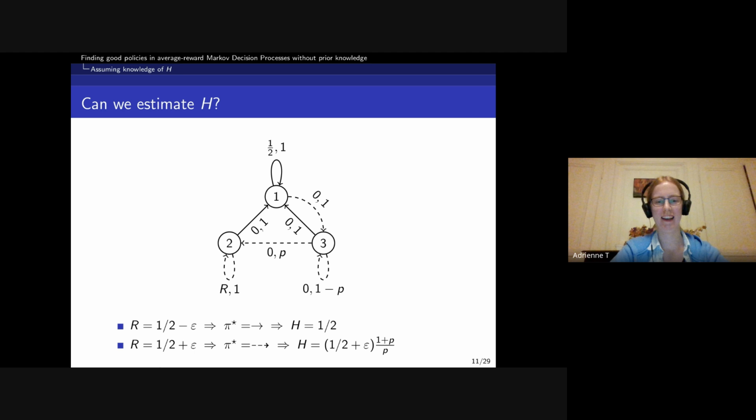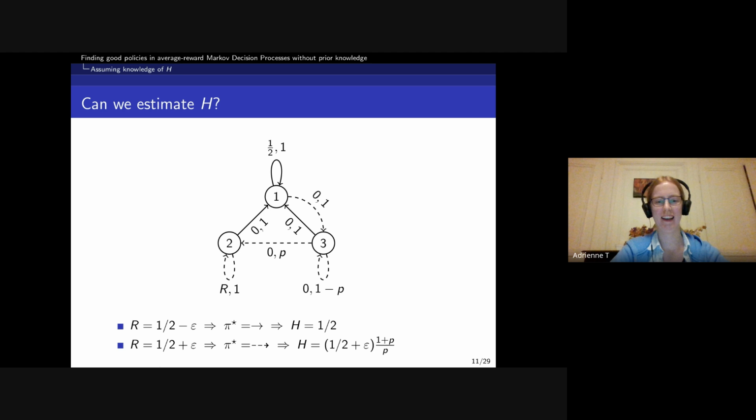However, if R were to be just a bit bigger than 1/2, then to get your best policy, you would need to go to state 2 to get that R reward. And so you would need to always take the dashed line action, which is the only one leading you to state 2. But if you are in state 3, for example, you are actually very, very sad.